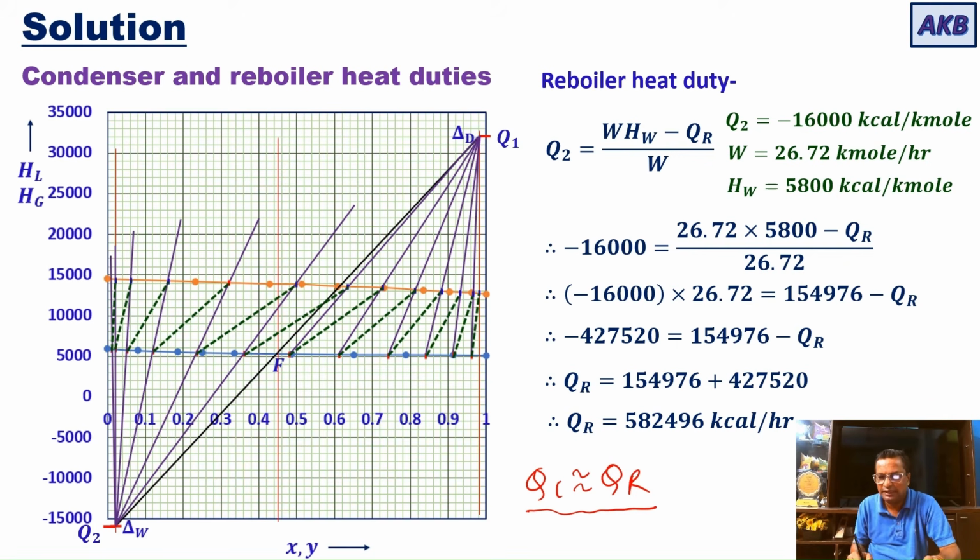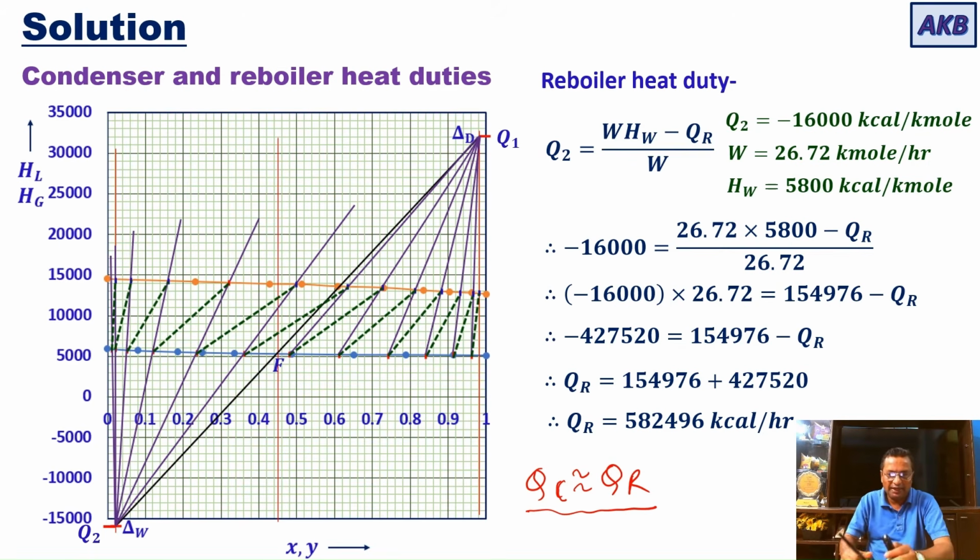So that suggests that whatever amount of heat is provided in the reboiler, the same amount of heat is removed in the condenser. You can check the value for QC; it is almost equal to this value. So heat losses from the column are negligible in that case.